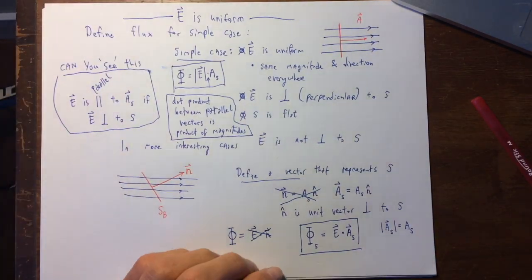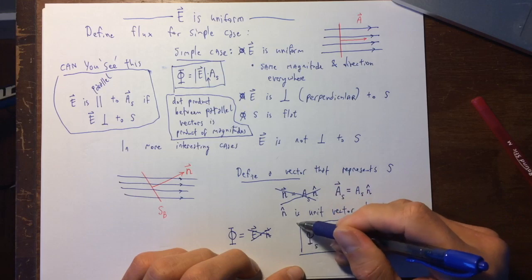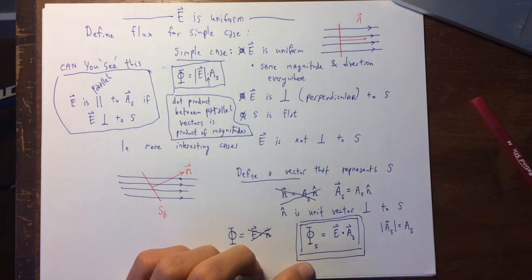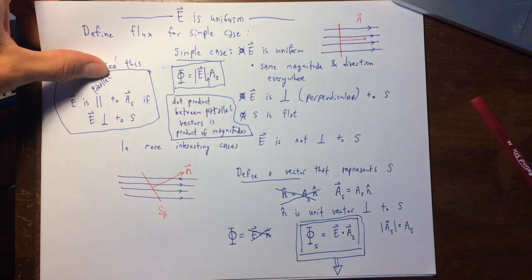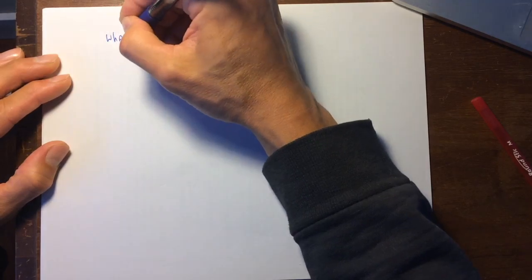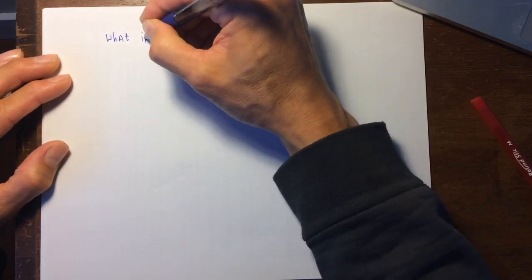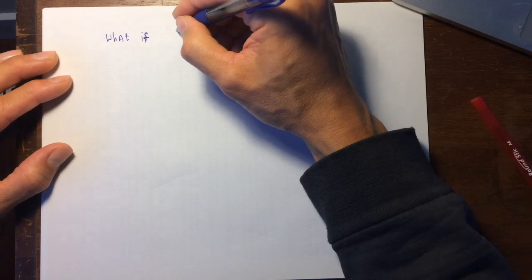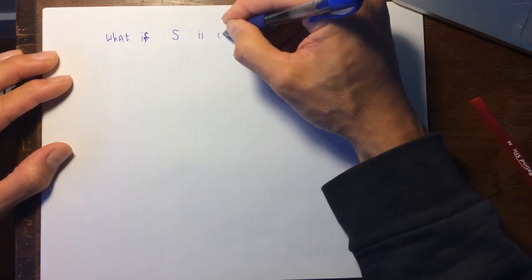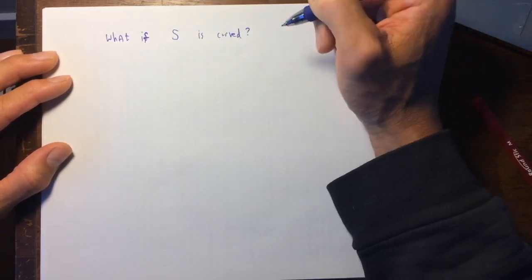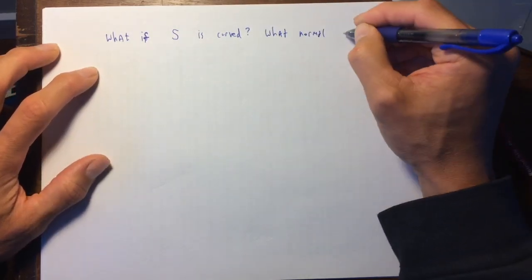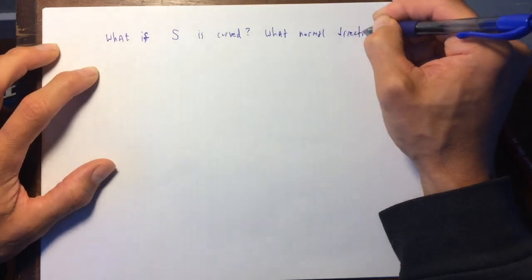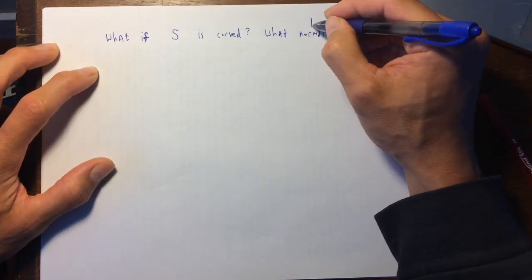Okay, so I'm going to take this definition now, and I'm going to think a little bit about how I might use this. What if the surface S is curved? What normal direction, right? So normal means perpendicular.